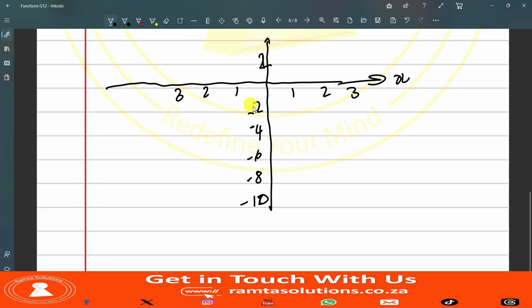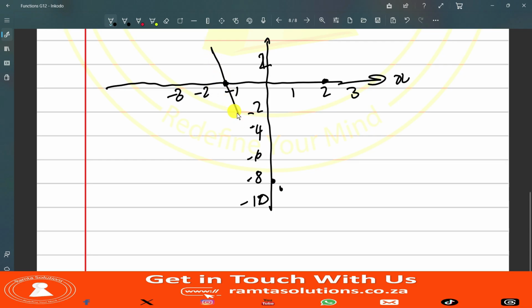Let's see now. So we said the x-intercept was negative 1,33, and x equals negative 1,33 could be here. We said the y-intercept was at negative 8, and we said the turning point was 0,33. It's somewhere here, and the 0,33 and 8,33, let's say it's somewhere here, right?